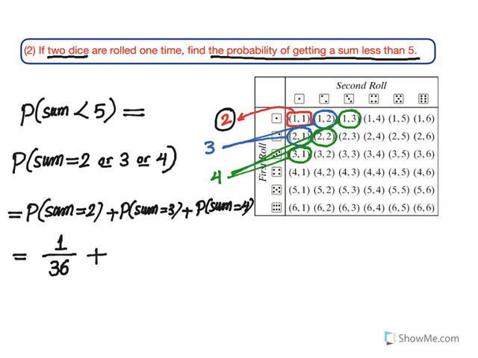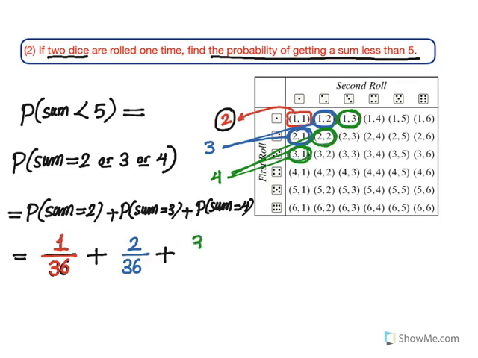Plus the sum is 3. We saw, so actually, because I did it in red, I will do this 1 out of 36 in red. Plus, in blue, we'll do the sum of 3. We get 2 outcomes, either 1, 2 or 2, 1 out of the 36 possibilities. Plus, in green, we will do the sum 4. It could be 1, 3, 2, 2, or 3, 1.